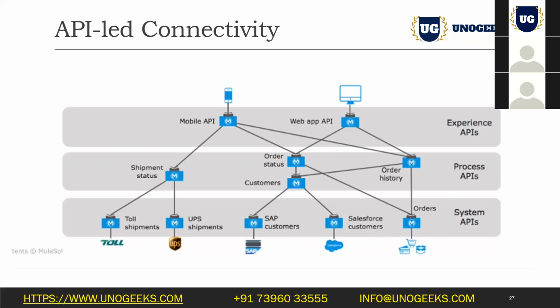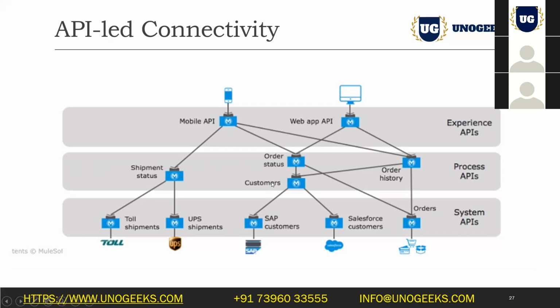A process API is typically like this: we have one system API, SAP customers, and another, Salesforce customers, right? If you want some details from SAP customers and some details from Salesforce, we will develop an API called the process API, customers API. In this API, we will have details of the customers.